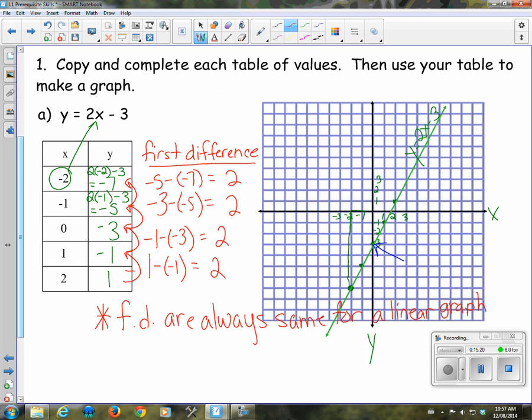Maybe a different color would be good instead of blue. And if I look at the rise and the run, I'm rising 2 and I'm going over 1. So the slope equals a rise of 2 and a run of 1, which is 2, just like the equation had.